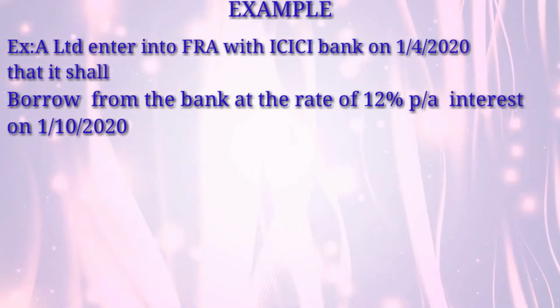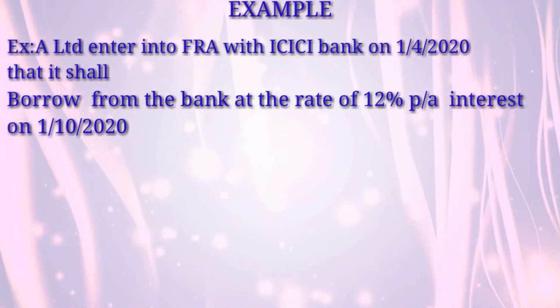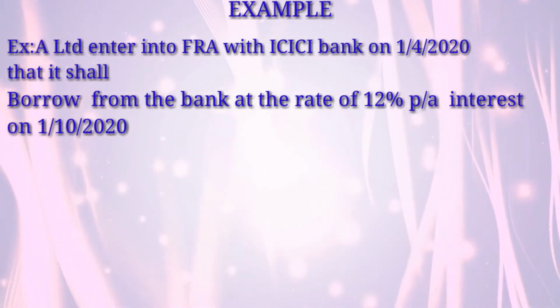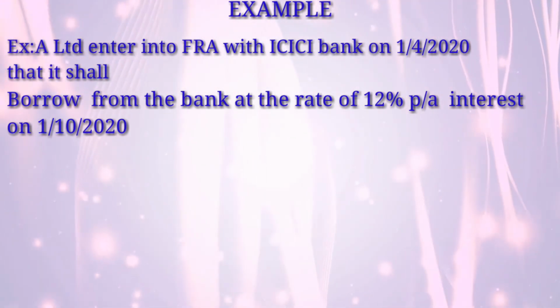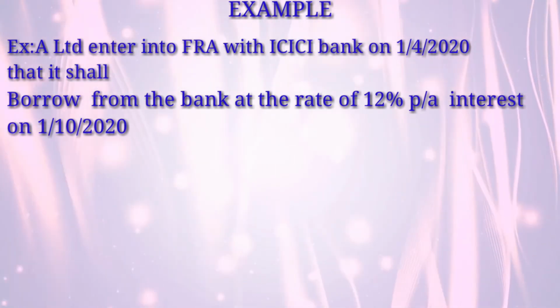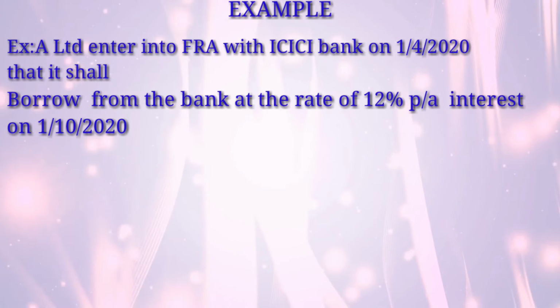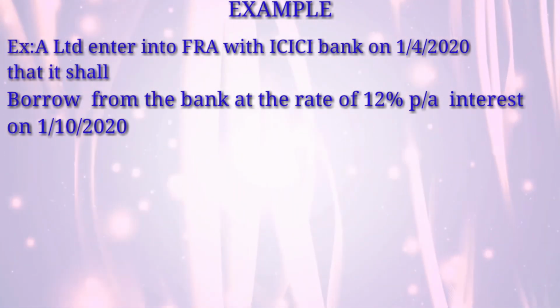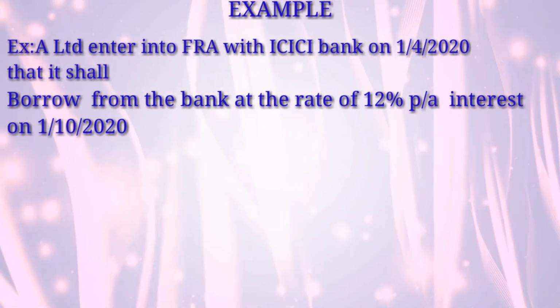So as on 1st October 2020, whatever interest rate is prevailing in the market, that's no matter. A Limited will have a right as well as an obligation to borrow at the 12% contracted rate only. So this is the benefit of entering into FRA. That is, you will have a definite interest rate no matter whatever interest rate is prevailing in the market.